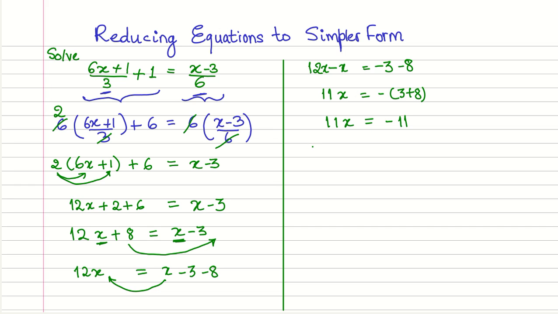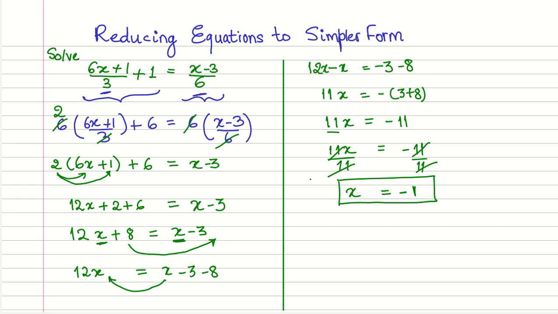Now this makes solving the equation much easier. If we divide both the left hand and the right hand sides by 11, that is 11x/11 = -11/11, that simplifies to x = -1.